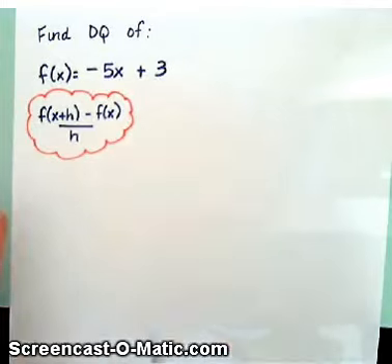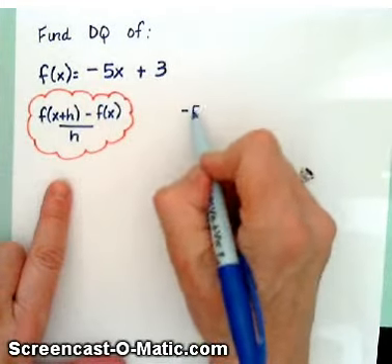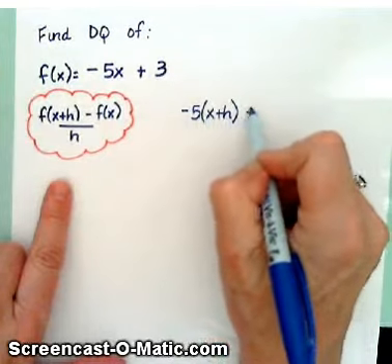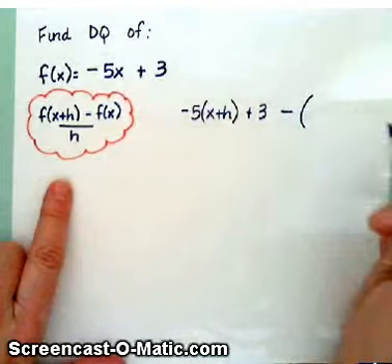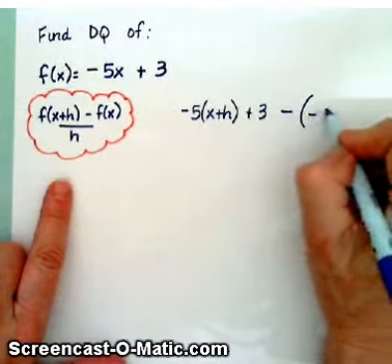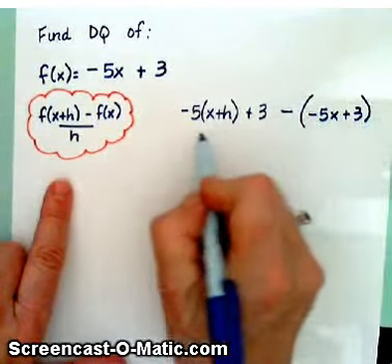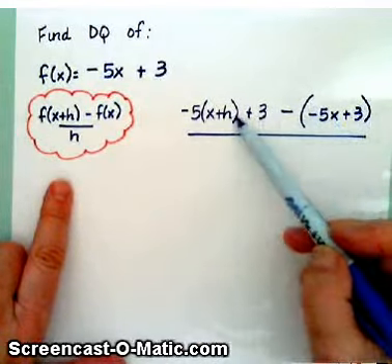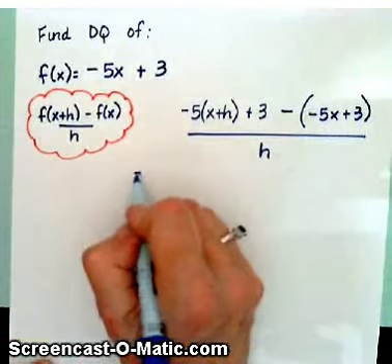Okay, so here, let's go here. f of x plus h says take this function, negative 5, and instead of x, put in x plus h, plus 3, and then minus, now put some parentheses, and copy the original function, negative 5x plus 3, and put the whole thing over h. See, this is the difference up here, and this is the quotient right here. Now let's simplify that.